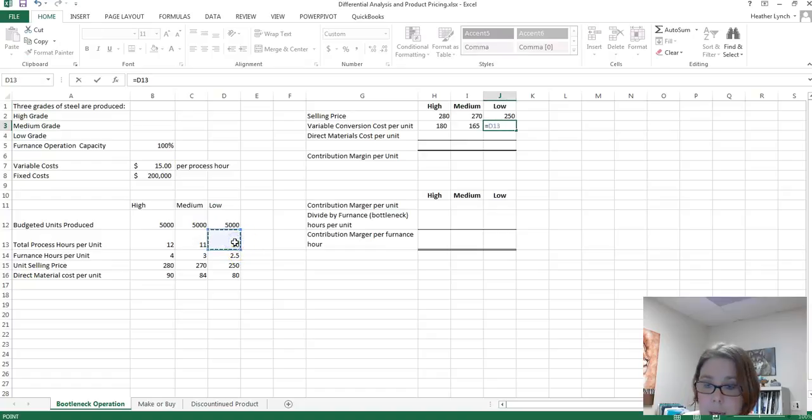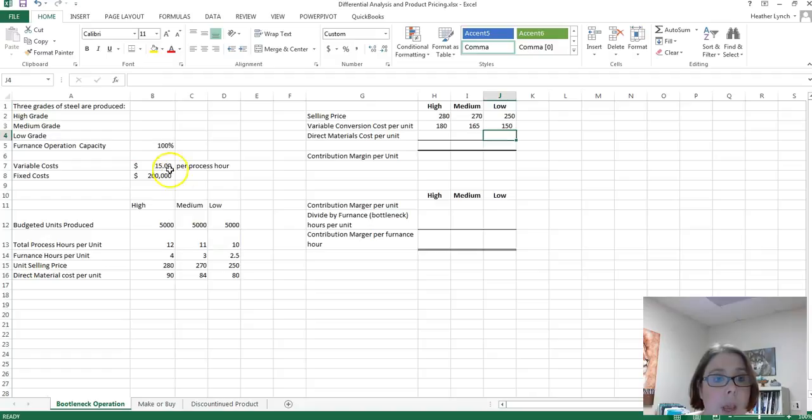And we have 10 times our 15. Then our direct material cost per unit, they give us, that is $90 for the high. We'll put $84 for the medium and $80 for the low.